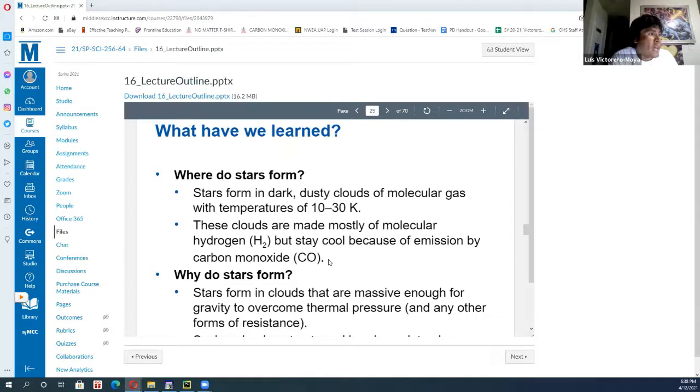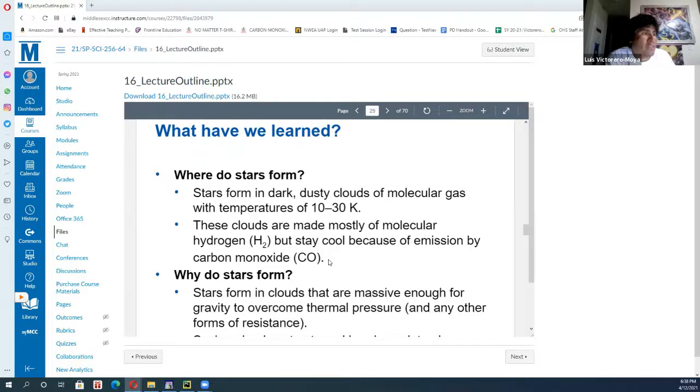We studied the emissions of carbon monoxide, and we know they stay cool by the cooling law of carbon monoxide, by the way. There's a whole equation for that. And the temperatures for these clouds are between 10 and 30 kelvins. They can be found also up to almost 100 kelvins, but that's not very common.